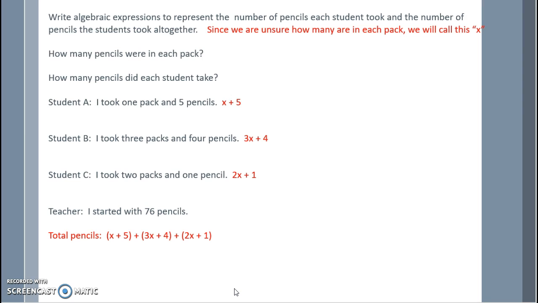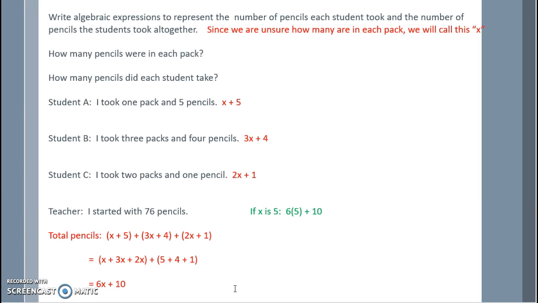So the total pencils all together are adding the different expressions, x plus 5 plus 3x plus 4 plus 2x plus 1. Using my properties, I can grab all of the x's and put them together and all of my individual pencils and put them together. I see that 6 packs plus 10 extra pencils is how many we have.